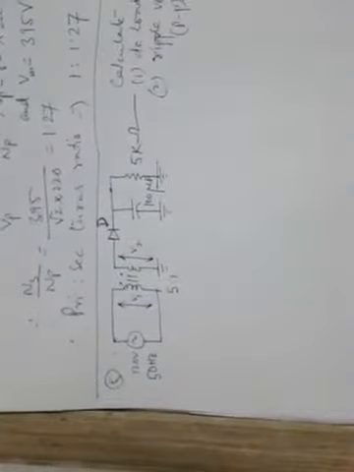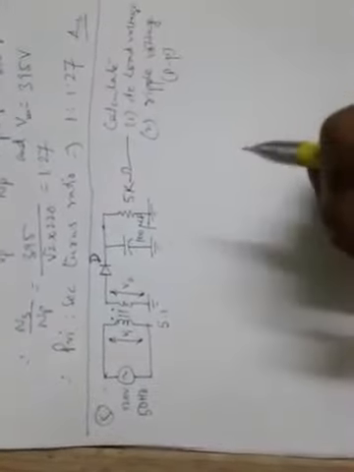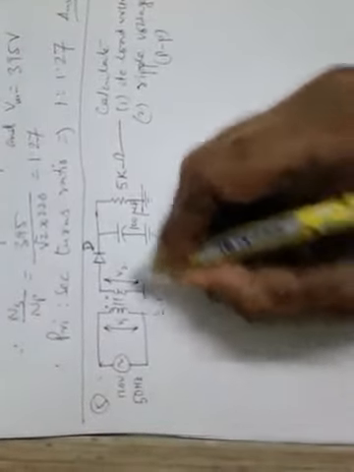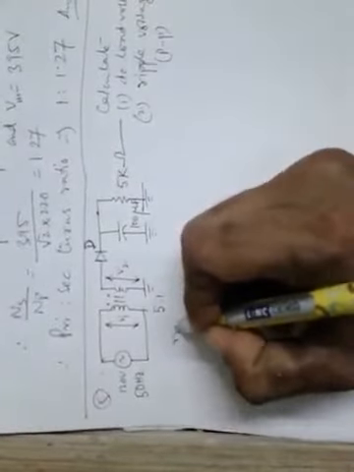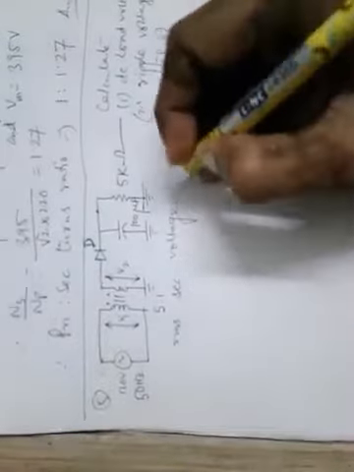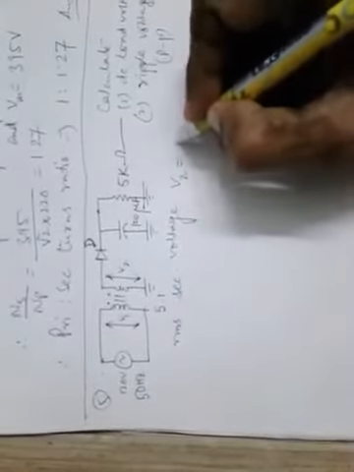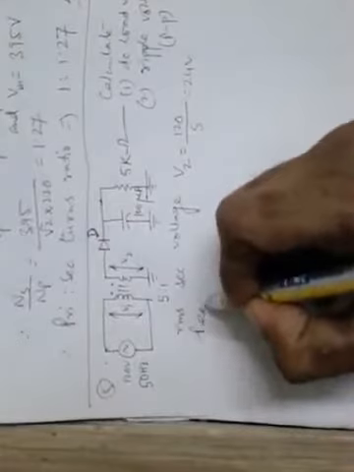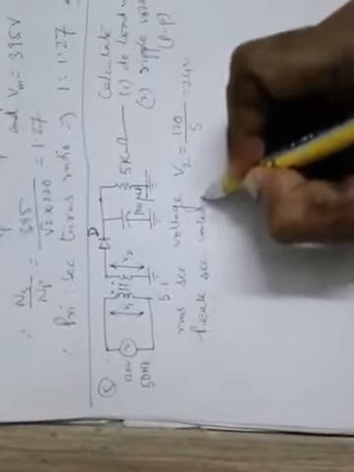Now this is a half wave rectifier circuit. The RMS secondary voltage V2 is to be found from 120 volt given at its input, and 5:1 is the ratio, so 120 by 5, that is 24 volt. Very simple. Now the peak secondary voltage can be found from the RMS voltage by multiplying by root 2.